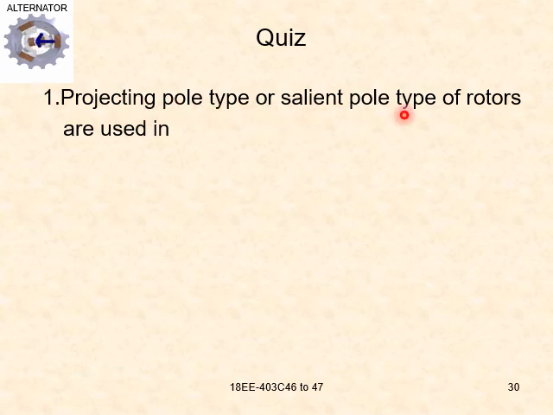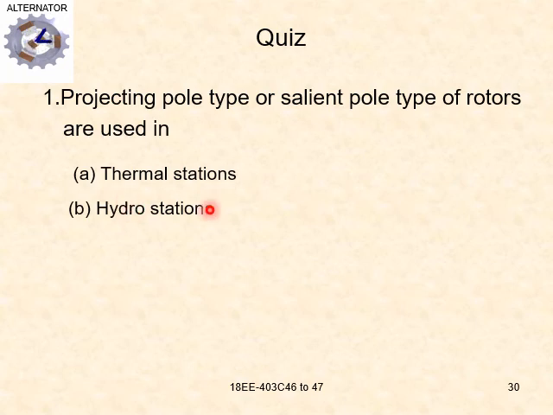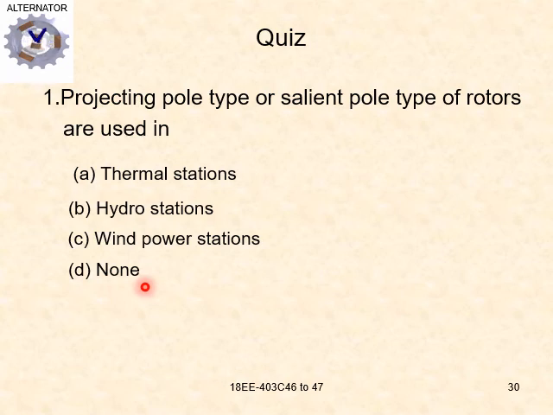Projected pole type or salient pole type of rotors are used in thermal stations, hydro stations, wind power stations, or none?